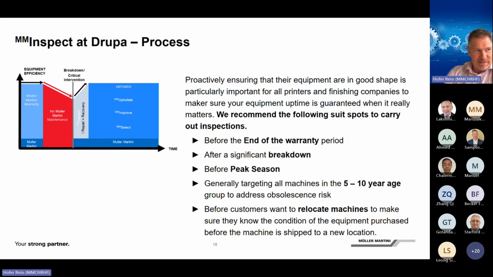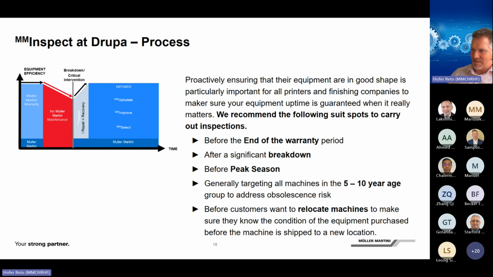It can normally be scheduled a lot better at their end, so they have maybe a week or two week window where they can not just do the inspection, but also carry out the repairs identified as part of the inspection, to make sure they have the best possible setup going into their peak season, where they want to avoid breakdowns at any cost, because that's normally when they can least afford for the machine to be down.